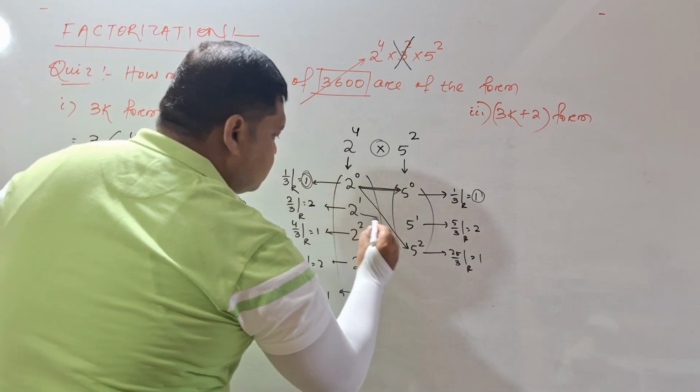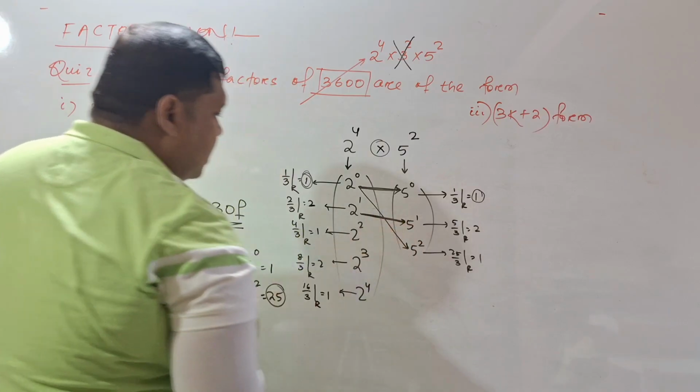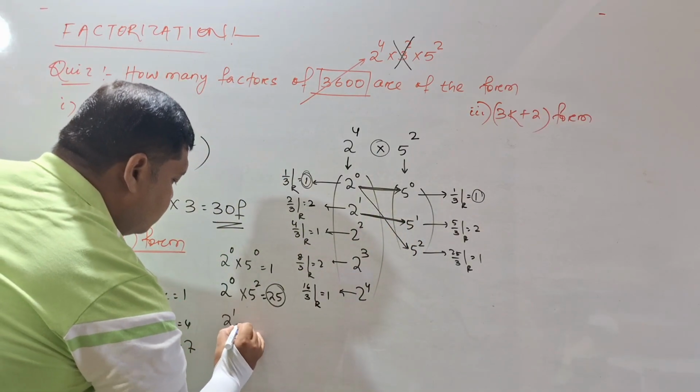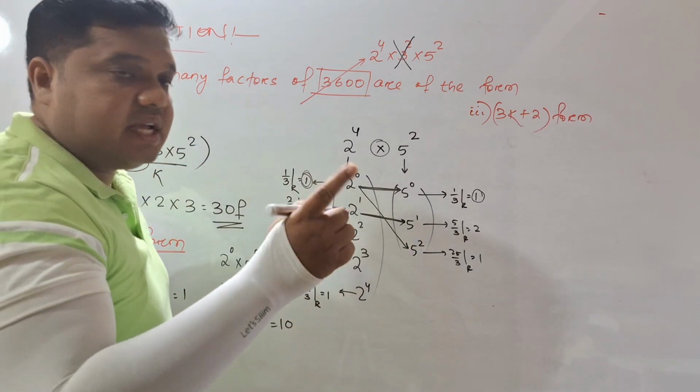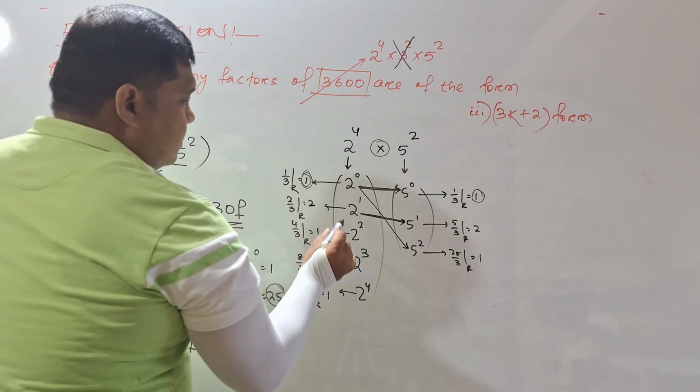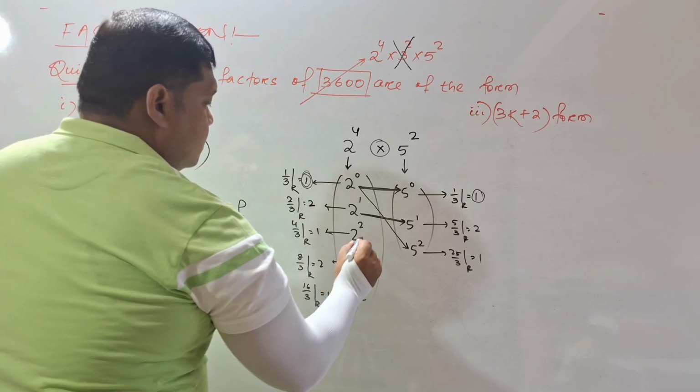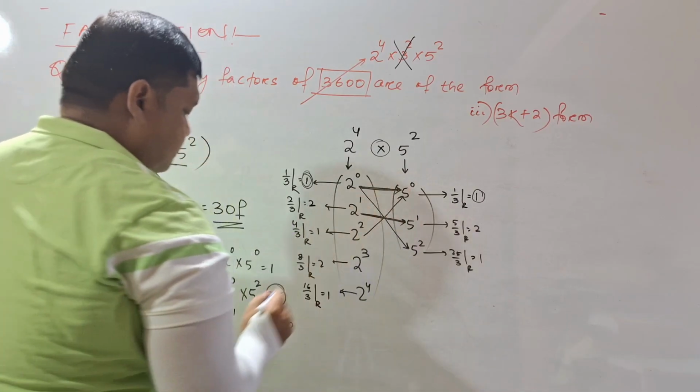So select this combination, 2 to the power 1 into 5 to the power 1, basically the number 10. 10 means 9 plus 1. Then 2 into 1 is not possible. Then 2 square into 5 to the power 0.